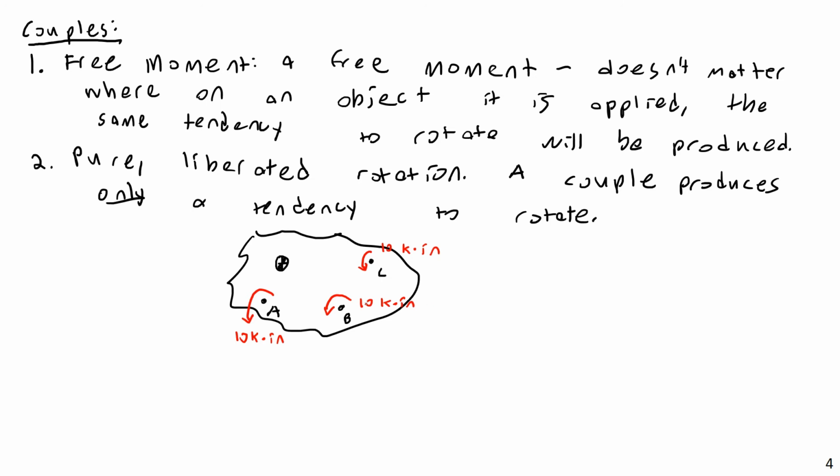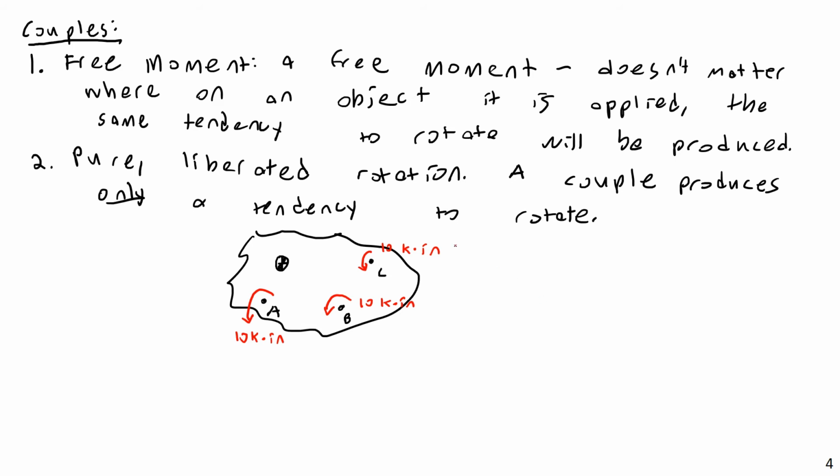And in turn, it doesn't matter where this is applied. If I had only this 10 kip inch couple applied at point A, it would experience the exact same tendency to rotate as if it were applied at B or at C. Or if all three of them were applied to the body, it would be exactly equivalent, or the object would behave exactly the same if there were a 30 kip inch couple applied at B, or at C, or at A. It is basically a way of applying pure, distilled, liberated rotational tendency to a body.